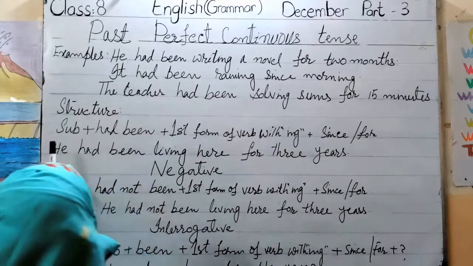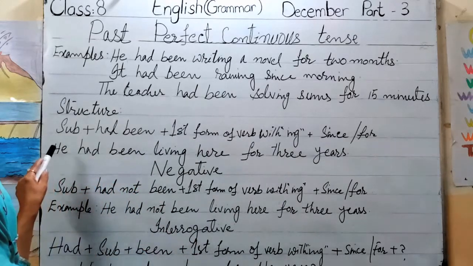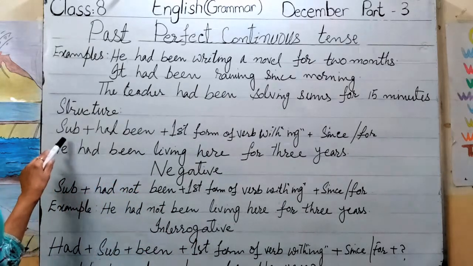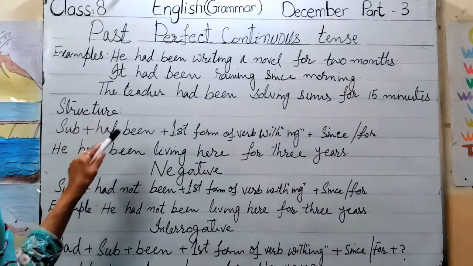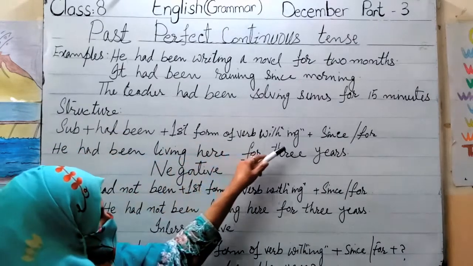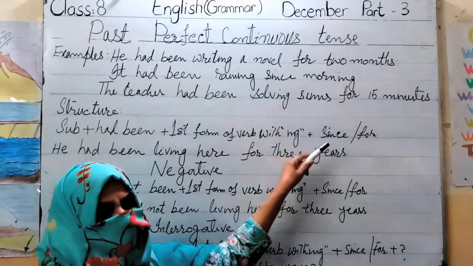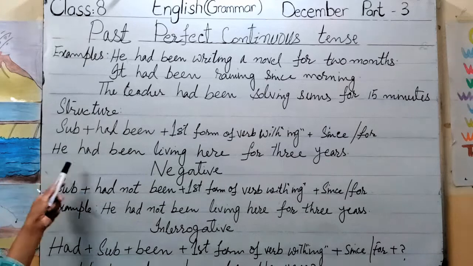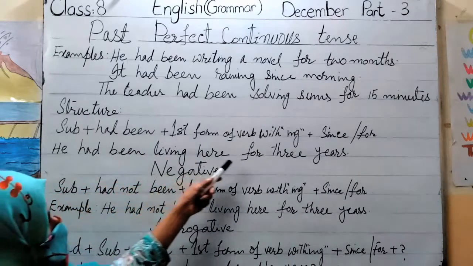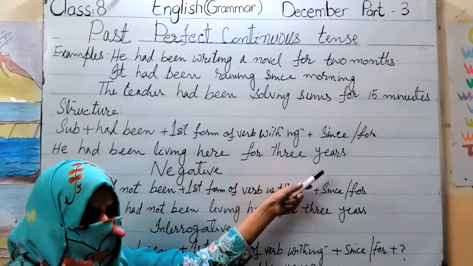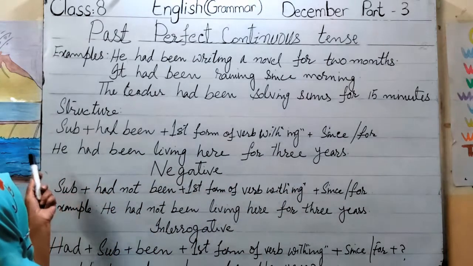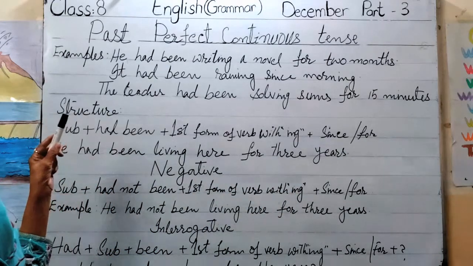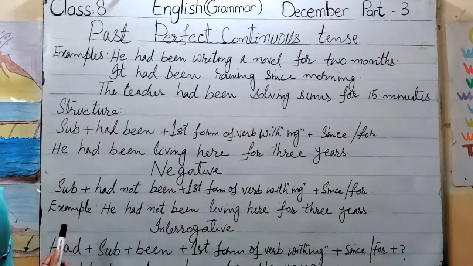Let's move towards the structure. First of all, you will write subject, then had been, first form of verb with ing, then since or for. For example, he had been living here for 3 years. These examples show the past perfect continuous tense.